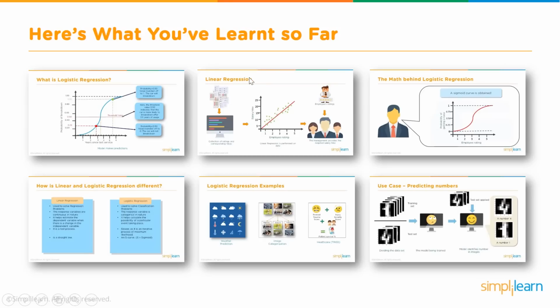Linear regression is used for predicting continuous values, whereas logistic regression is used for finding discrete values. Then we talked about the math behind logistic regression, and we derived the sigmoid function as well. We did a quick tabular comparison between linear and logistic regression. We saw some examples of day-to-day life, how logistic regression is used for solving some classification problems. And then in the end, we looked at the code to see how we can implement logistic regression to train the model to identify images.